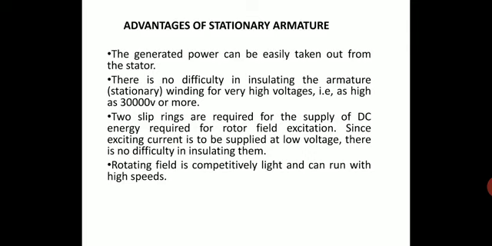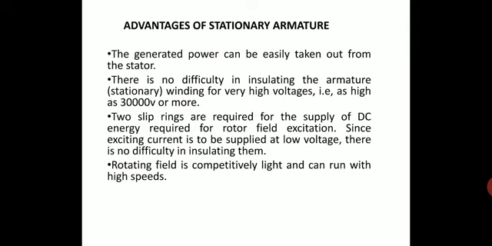Now we see what are the advantages of placing the armature winding on the stationary part of an alternator. The first advantage is that the generated power can be easily taken out from the stator. Second, there is no difficulty in insulating the armature winding for very high voltage, as high as 30 kV or more.